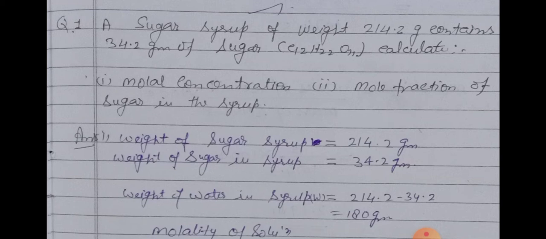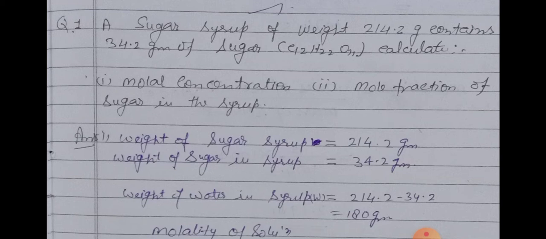So the mole fraction of sugar equal to number of moles of sugar divided by total number of moles, that is moles of sugar plus moles of solvent water.